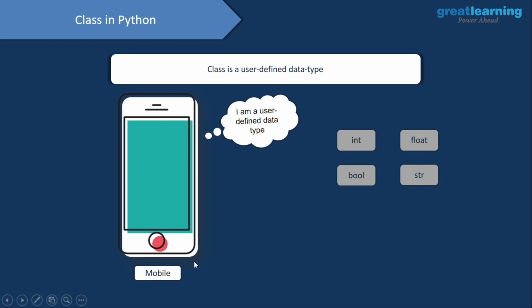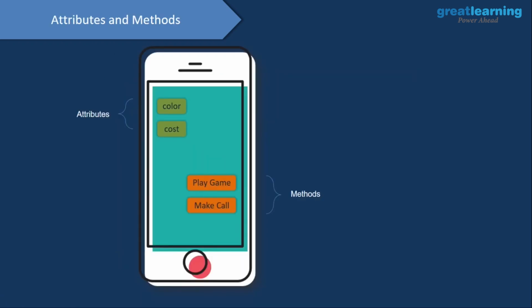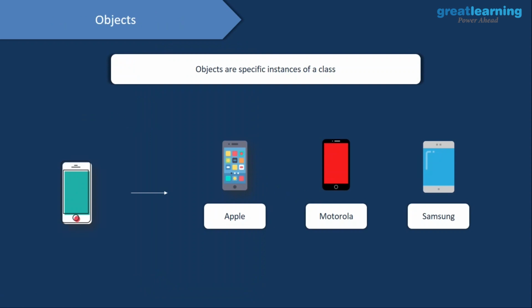Here we are creating a user-defined data type called mobile, and it will have attributes and methods inside it. These attributes are nothing but the properties of the class, and these methods are nothing but the behavior of the class.